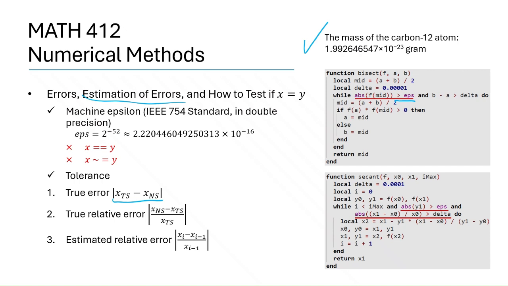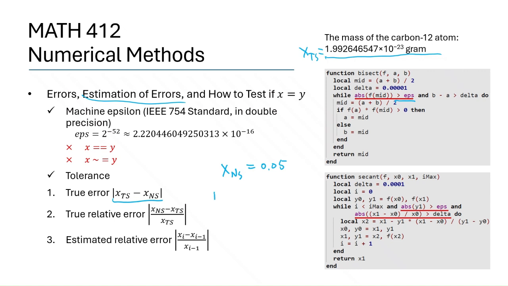It says the mass of the carbon-12 atom is this small amount of grams. Suppose this is the exact solution, x_ts, and you find a numerical one, trying your best, and get this value.